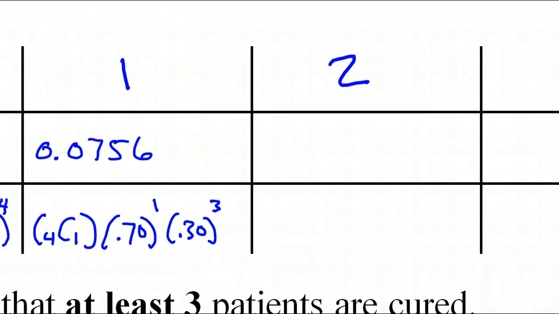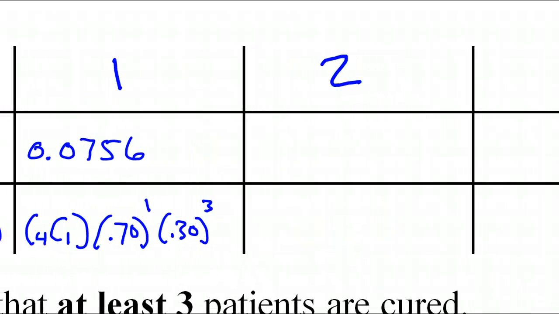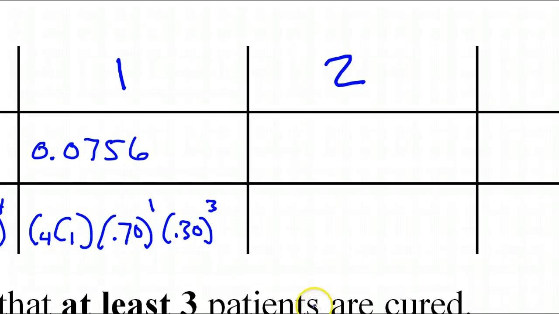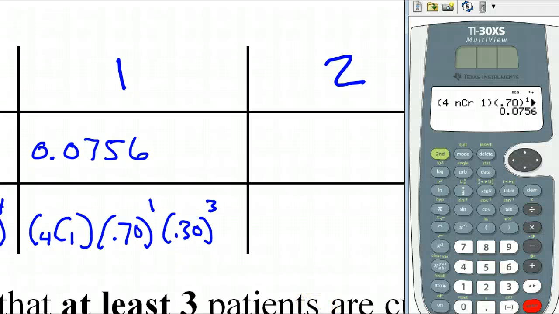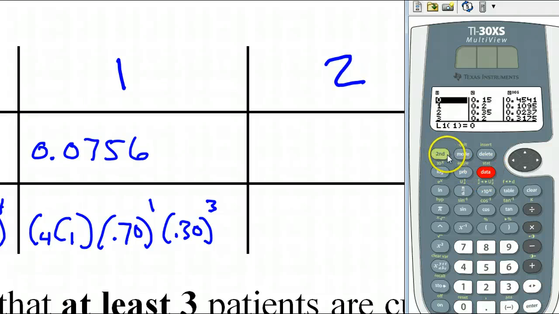But now let's talk about how we could use the calculator to help us out a little bit. What we could do is hit the data button on the calculator. Hold on, let me reset the calculator. Second reset, yes.